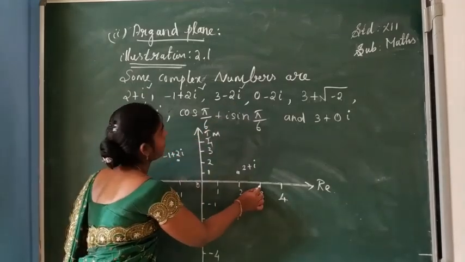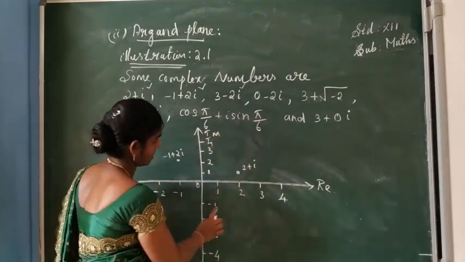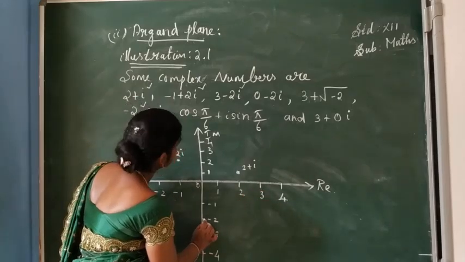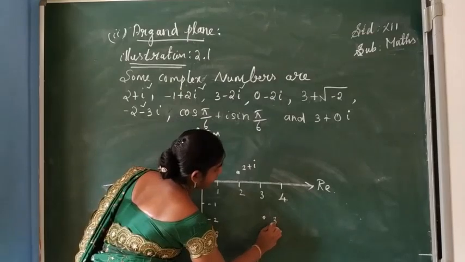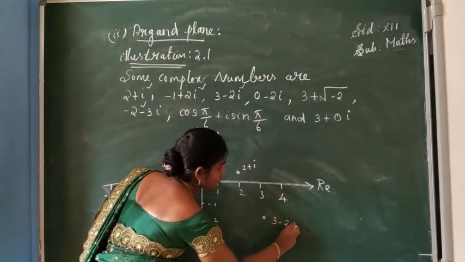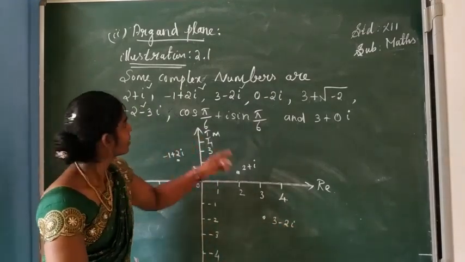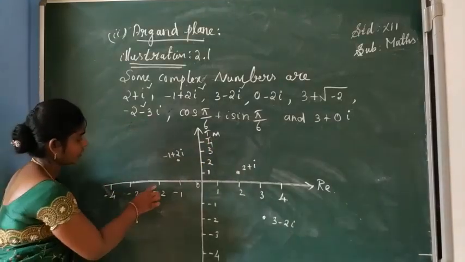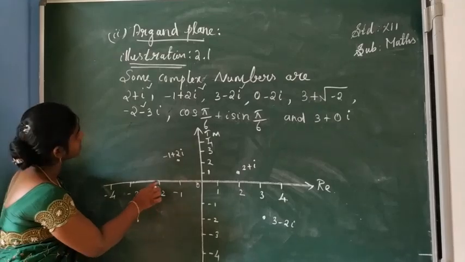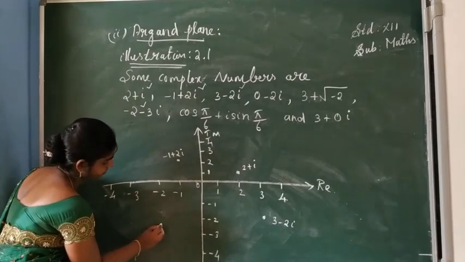Next, 3 minus 2i. 3 in the real part, minus 2 in the imaginary part. Here 3, and here minus 2. So 3 minus 2i. Then minus 2 minus 3i. Minus 2 here, minus 3i is here.